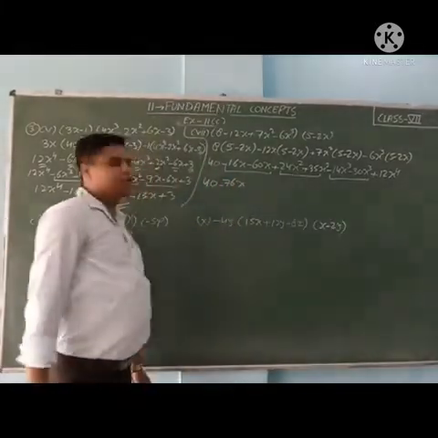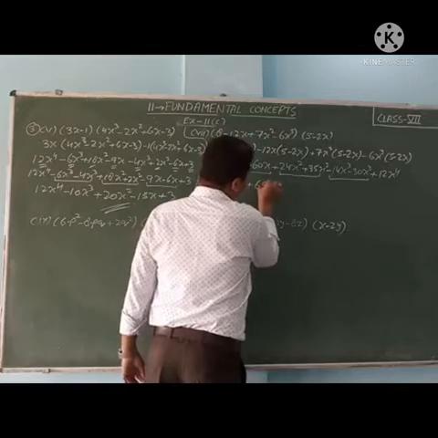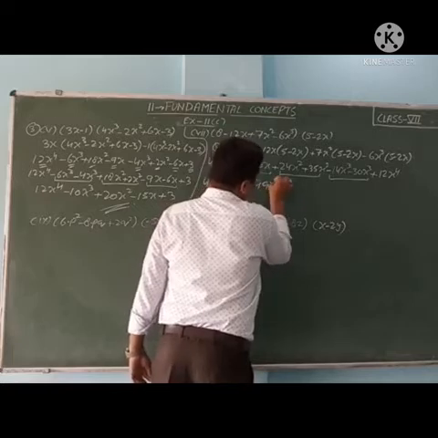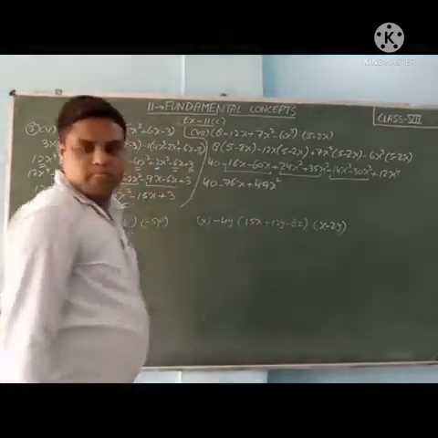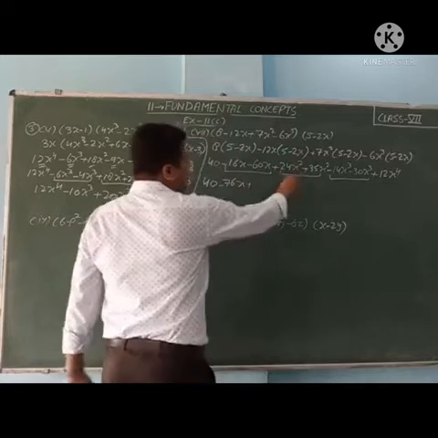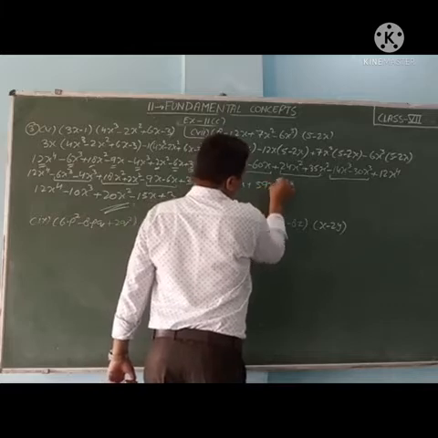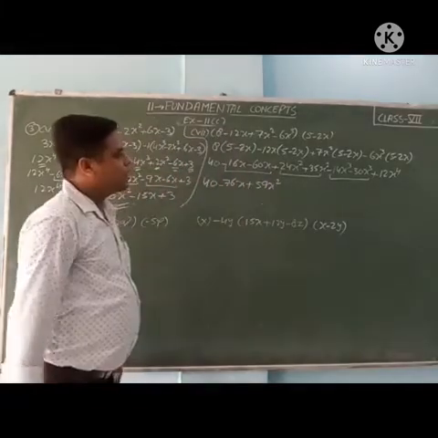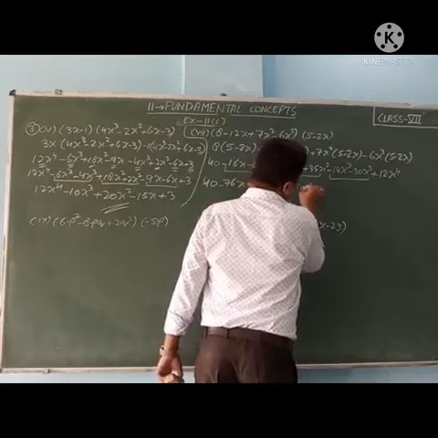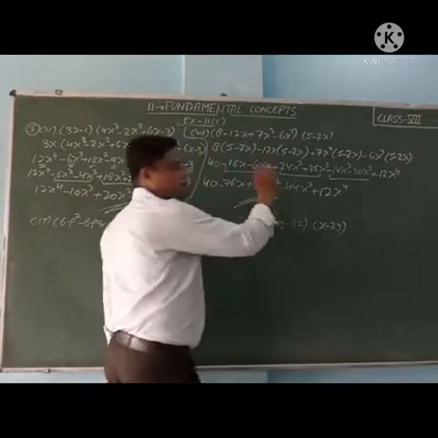Then plus 24 plus 35, it will come plus 59x square. Minus 14x cube minus 30x cube, minus 44x cube. Then plus 12x raised to the power 4. So students, this is the answer.